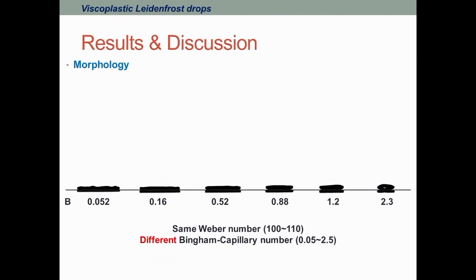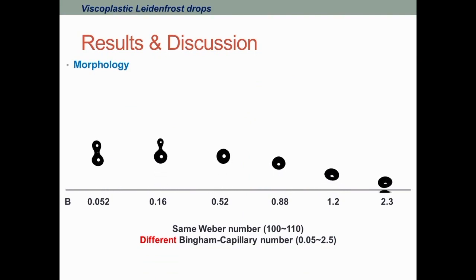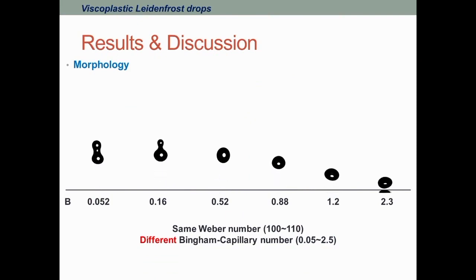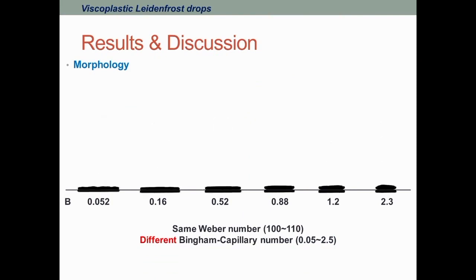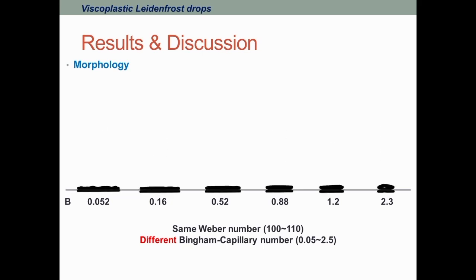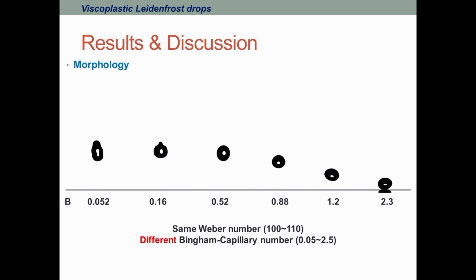Because it has a very high yield stress, if you release it from the needle, you push the fluid out of the needle, and it has this sausage shape of the droplet. That's due to the yield stress nature of the fluid. So if the yield stress is low, you can get a spherical shape.